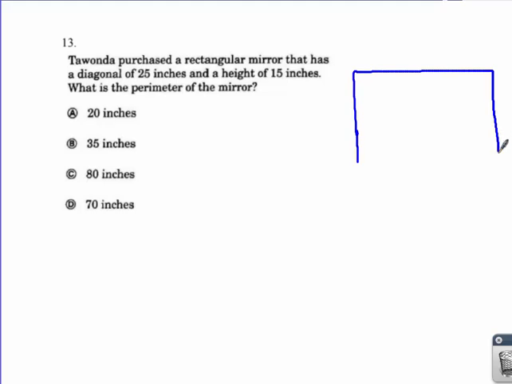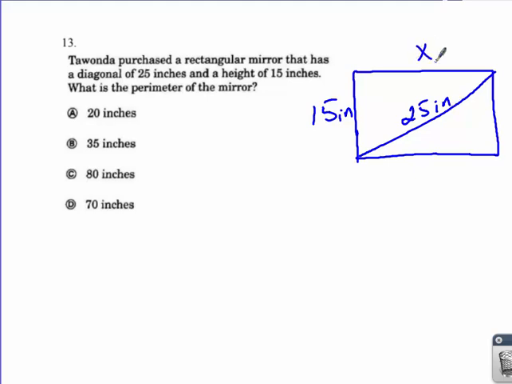It has a height of 15 inches and a diagonal of 25 inches. And what I want to know is what's the perimeter? So what I need to know then is what is this side? Well, hopefully you realize that that is a right triangle, and I know my A and I know my C. So we're going to use those values to find B.